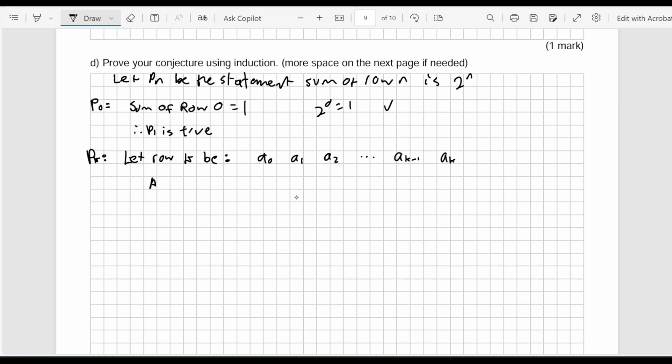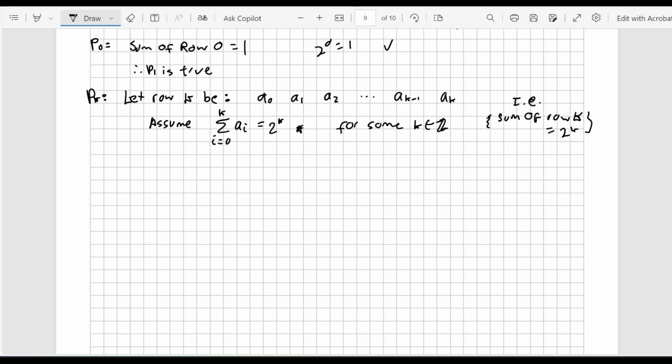Then we're going to assume that the sum of row k, so that's the sum from i equals 0 up to k of a_i, is 2 to the k, for some k in Z. Now I might be really clear and just say the sum of row k is 2 to the k. So it's just a different way of saying it. It's still like what we do with division inductions. P_(k+1).